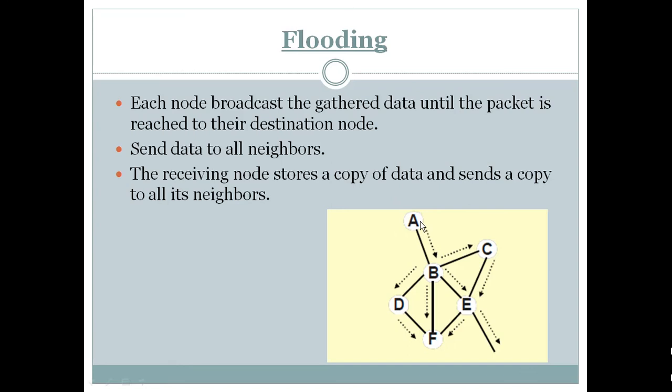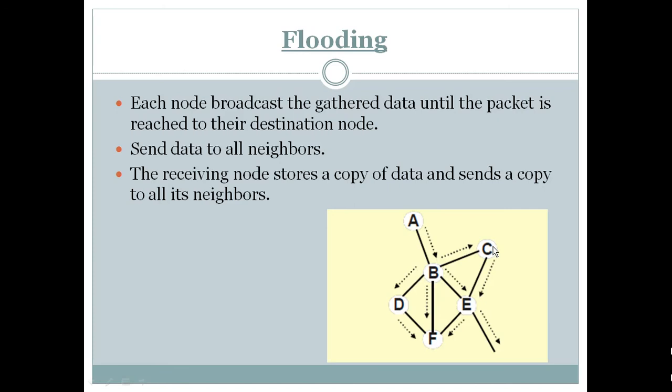But as we can see, A has only one single neighbor, which is B, so it forwards the data to B. Now when B receives that data, it stores a copy and again broadcasts the data to all its neighboring nodes. B has 4 other neighbors except A: D, F, E and C. So B broadcasts the same message to D, F, E and C.